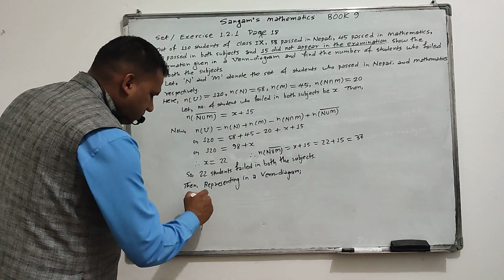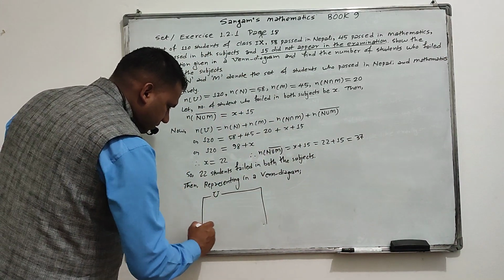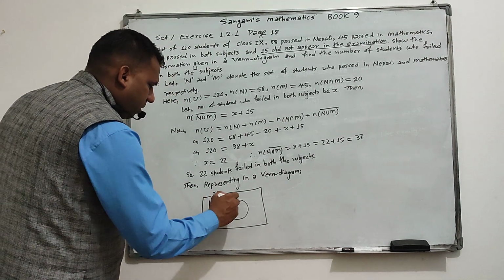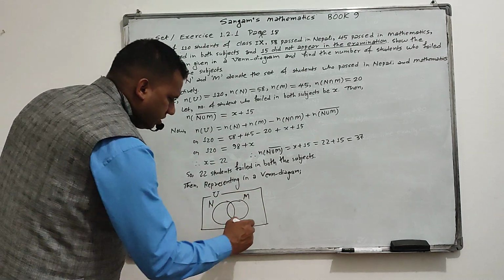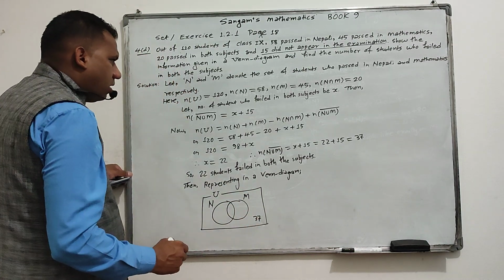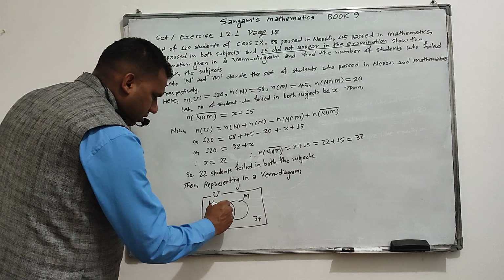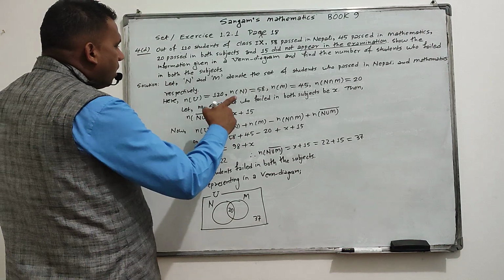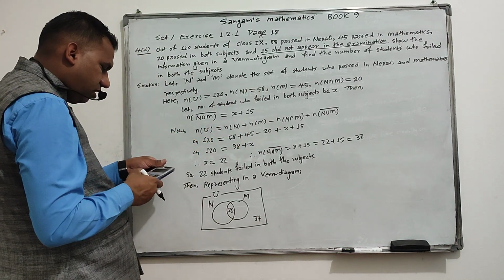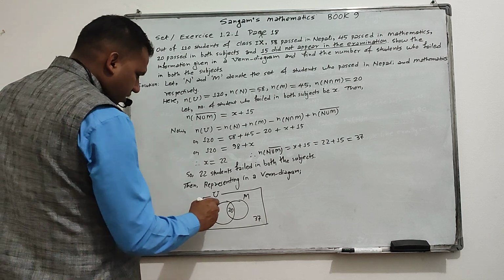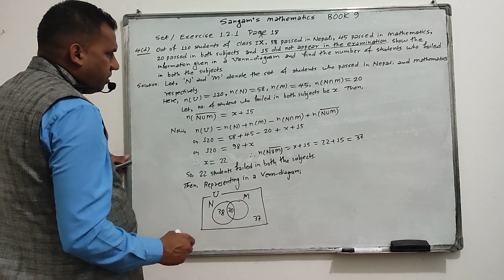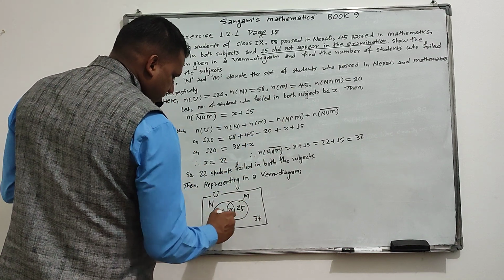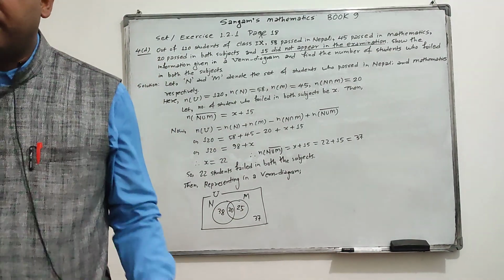Now in the Venn diagram, this is the U rectangle and its two subsets, Nepali and mathematics. The complement data is 37 and the intersection data is 20. Number of only Nepali, that is 58 minus 20, 38. Number of only mathematics, that is 45 minus 20, that is 25. This is the required Venn diagram.